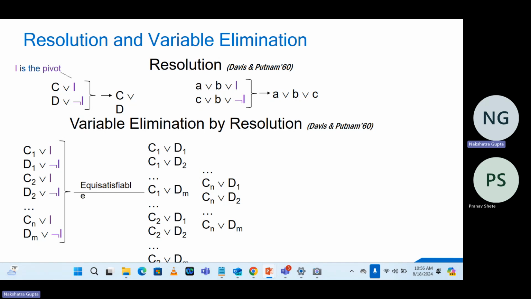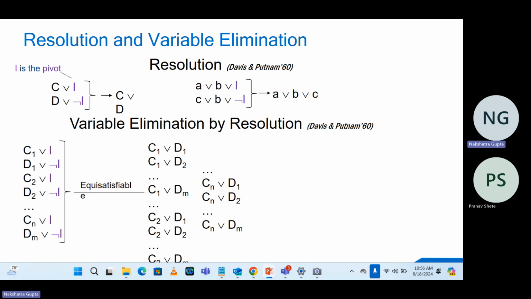Now, why is that? So assume we have an assignment, so first of all, if our assignment satisfies every C_i and D_j, then we are done. Now assume it doesn't satisfy, for example, C1. If our assignment, which again satisfies the right-hand side, does not satisfy C1, then we choose L to be true on the left-hand side.